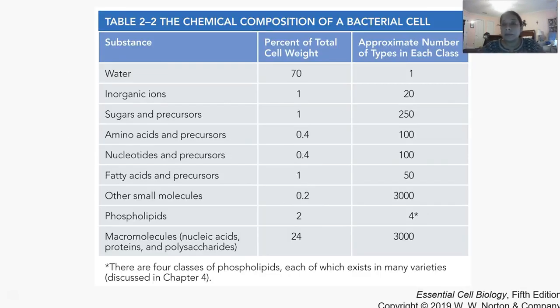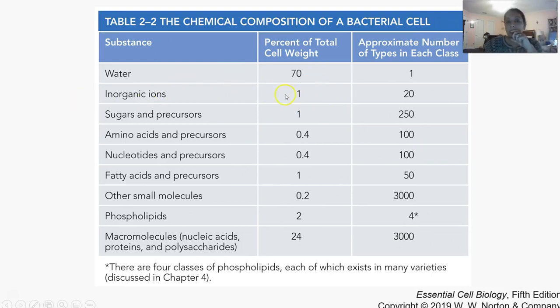So this table shows you the basic composition of a simple cell, a bacterial cell, but that can also be extrapolated into mammalian cells or larger eukaryotic cells as well. The majority of the cell's weight comes from actually water, right? Because it is such a major component, because it has such important solvent properties as well as other properties inside metabolic processes, that makes up 70% of the total weight of the cell.